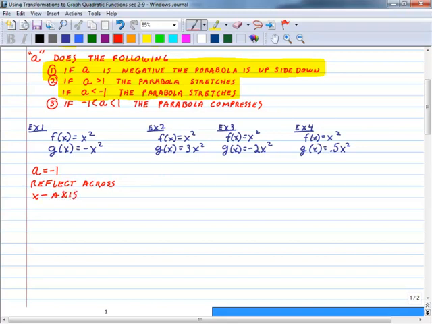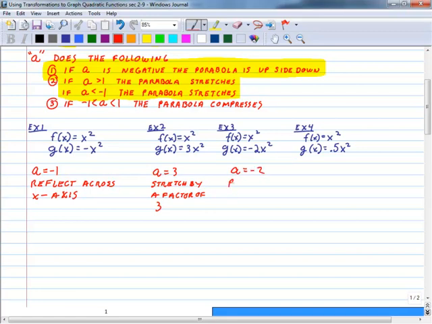In this case here, example 2, a is 3. It doesn't reflect. Compared to the parent function, all it does is stretch by a factor of 3. This next case over here, example 3, a is -2, and two things are happening here.